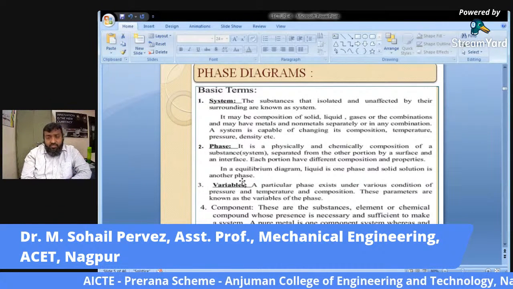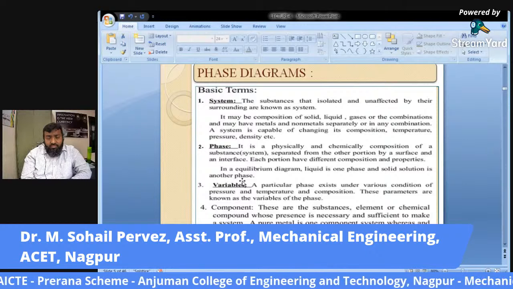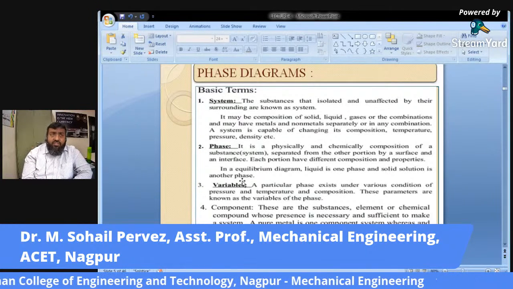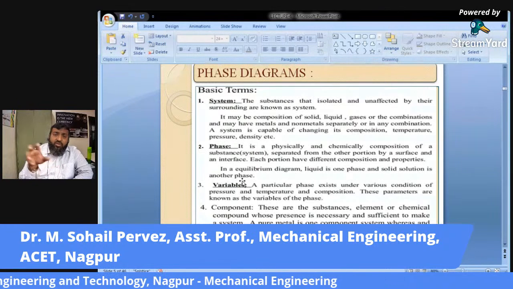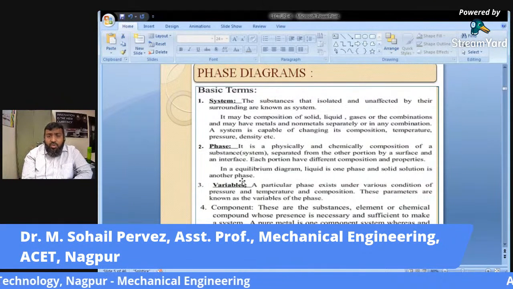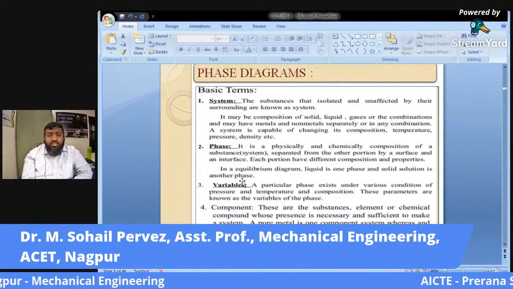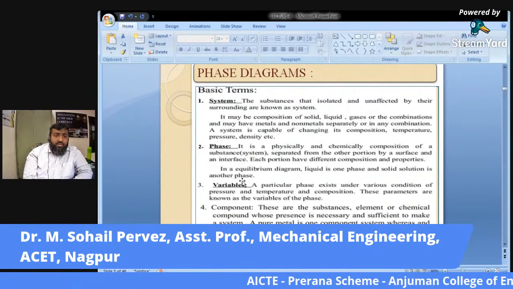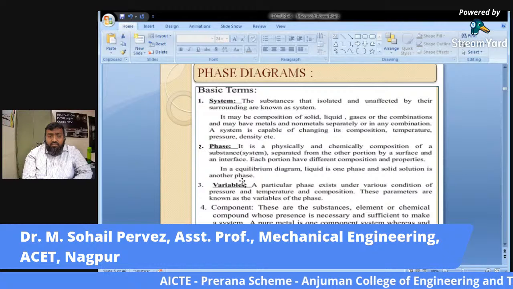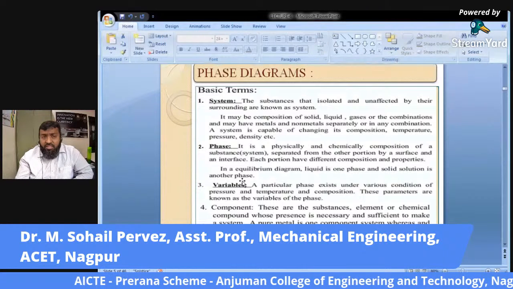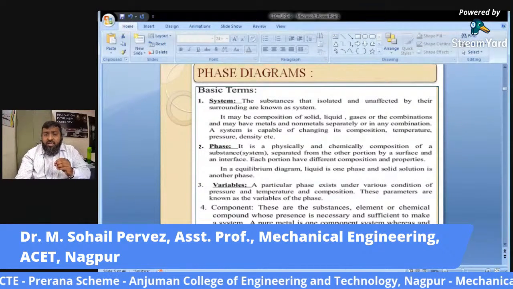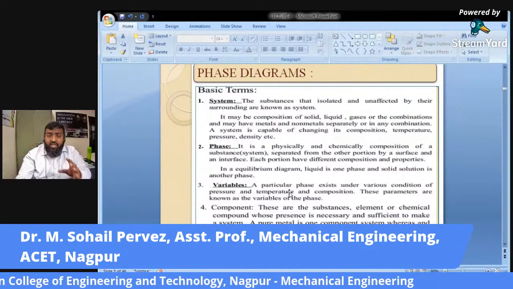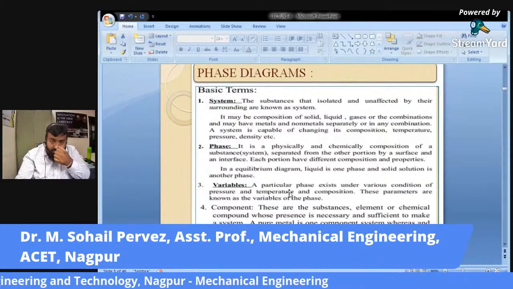Next is variable. Obviously, variables of the phases: how many variables will be required to define that particular phase? A particular phase exists under various conditions of pressure, temperature and composition. So the system will be affected by all these three parameters.